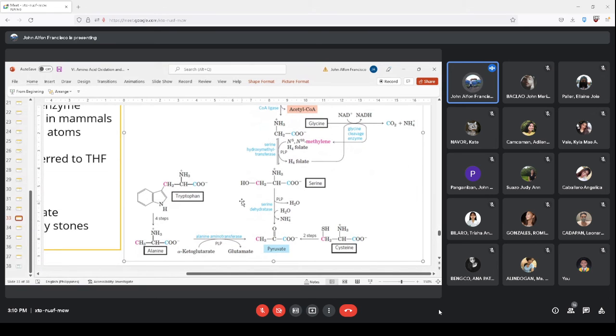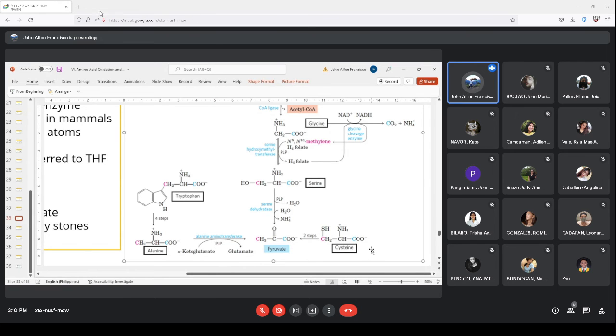Tryptophan will remove its indole and the carbon, and we explained this earlier. Then its carbon skeleton will be converted to alanine. Then alanine will enter your citric acid cycle by converting it to pyruvate using alanine aminotransferase.